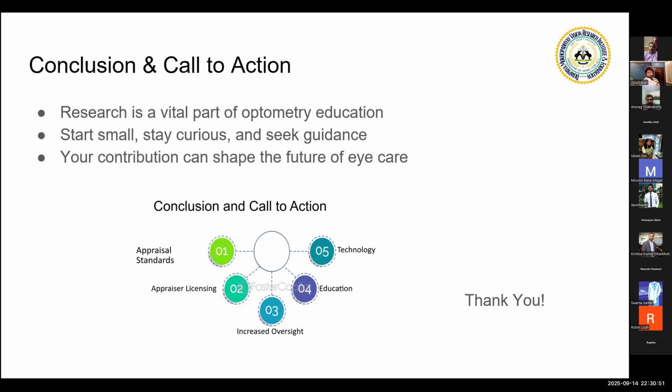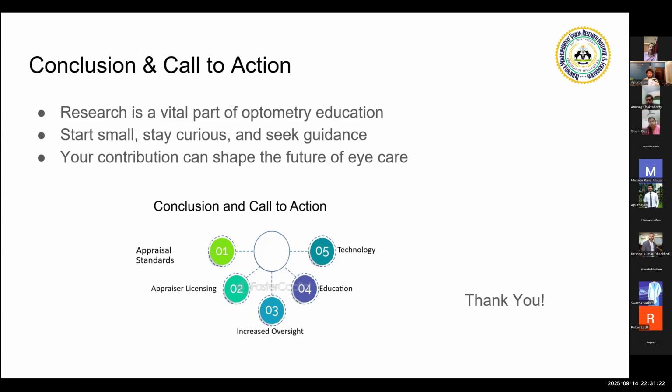Yes, sir. Okay. So the next thing is we always recommend to start small, stay curious, and seek guidance. I always respect this, and I always prefer this. Do not start with big locations with national based research, like prevalence of myopia in India or prevalence of myopia in East India.